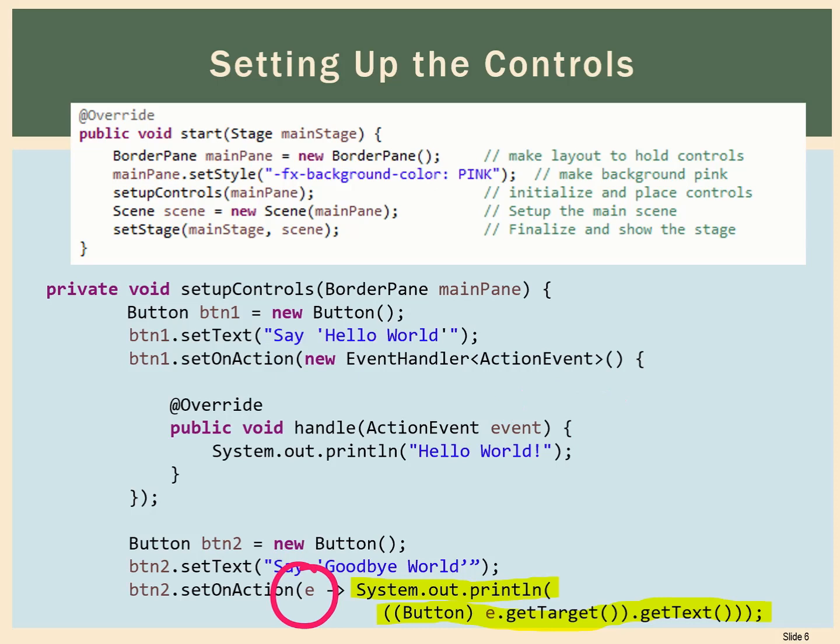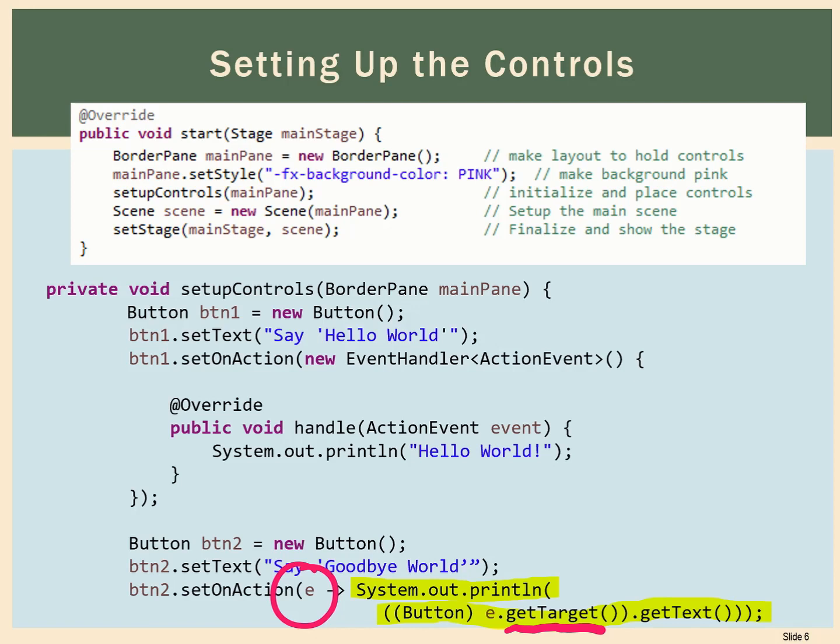One of the methods of the event is getTarget. That's useful because what that will show me is, hey, an event's been passed to me. That's awesome. But who was the control that initiated that event? So what I'm really doing with e.getTarget is returning button 2.